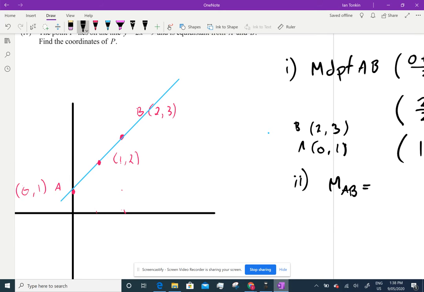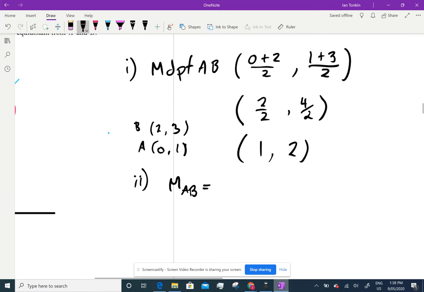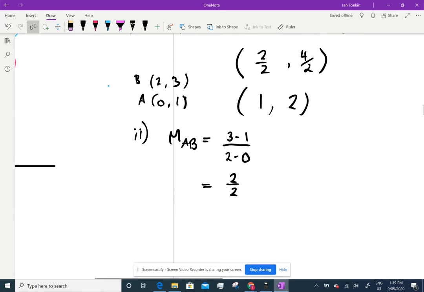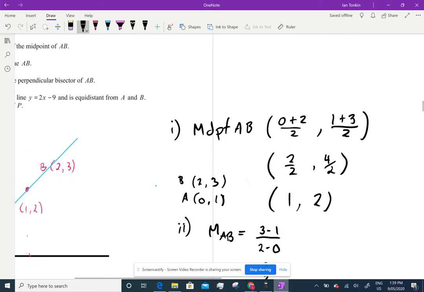And that's B, and that's A. Subtract the y values, 3 minus 1, and subtract the x values, 2 minus 0. 3 minus 1 is 2, 2 minus 0 is 2, and 2 over 2 means we've got a gradient of 1. Now, we know that's 45 degrees. Righto.